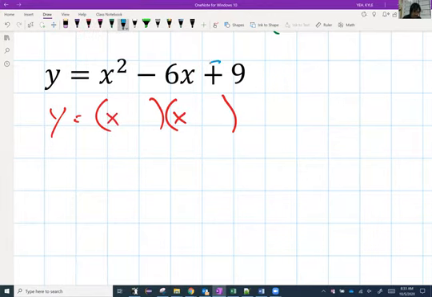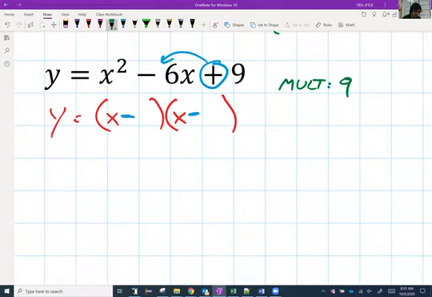I'm looking here, and I know my c value sign is positive, which means the signs are the same, but I don't know what they are, so I look back to the b sign. They are both negative. And I need two numbers that multiply to be c, so they need to multiply to be +9, add to be -6.